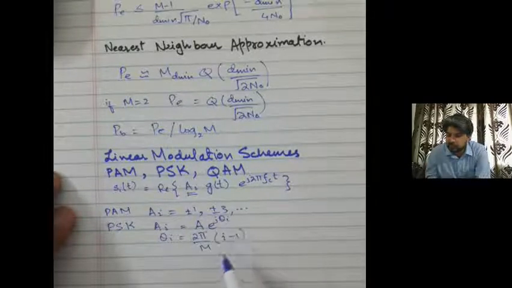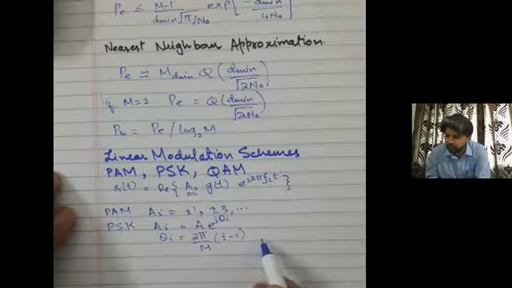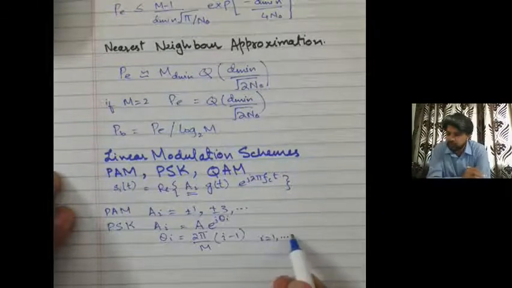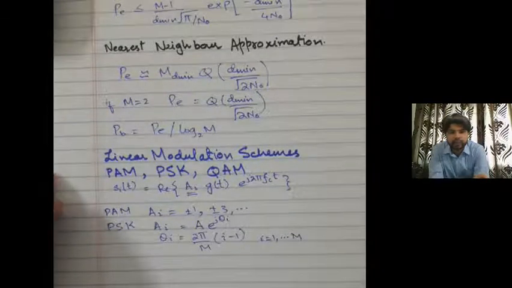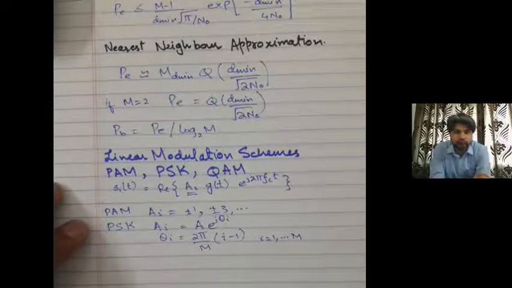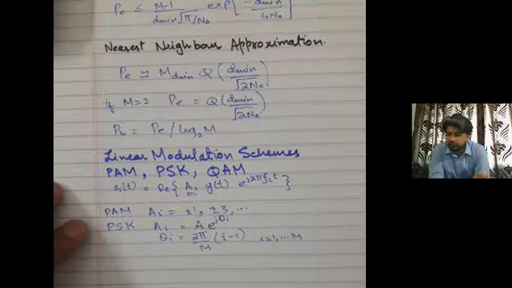That means I would take values from 1 to M, because there are capital M different symbols that you wish to transmit, and for different values of I you would have different values of theta I. That would mean you are talking about different constellation points on a circle with a constant amplitude. So the constellation points for phase shift keying would lie on a circle of constant radius.